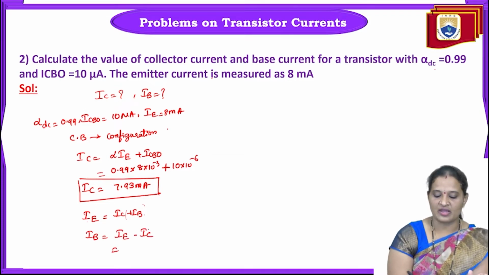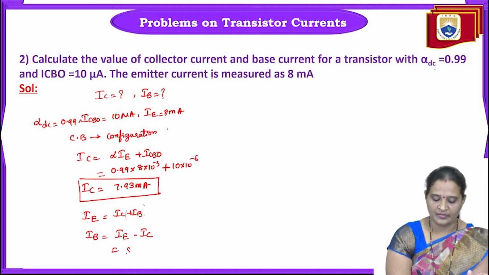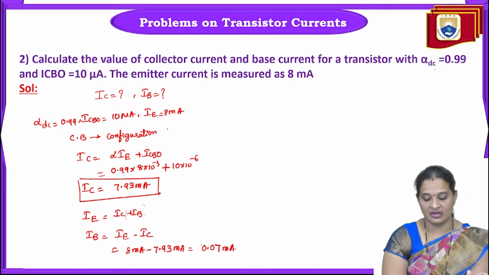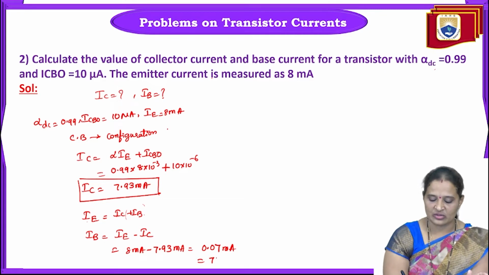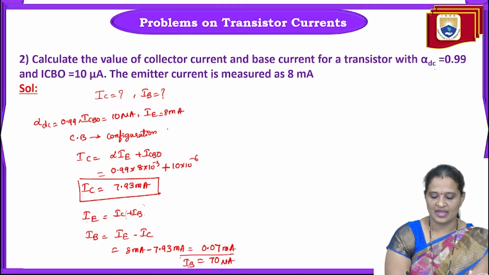IE is already given in the problem, 8 milliamperes, minus IC, which we got as 7.93 milliamperes. So the value of IB will be 0.07 milliamperes, or we can also write it as 70 microamperes. This is the value of IB.